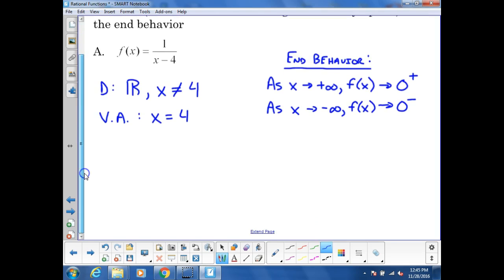Now we've got to deal with asymptotal behavior. First element of asymptotal behavior.